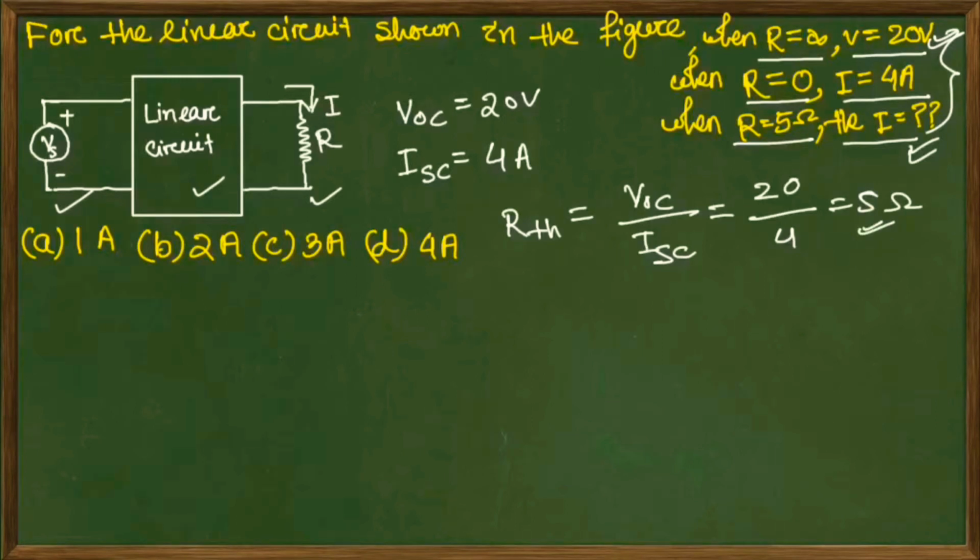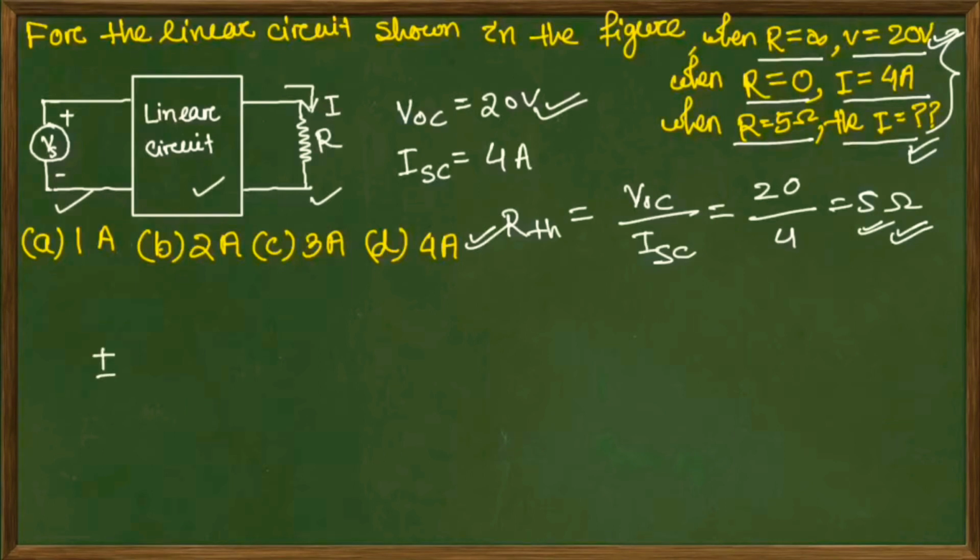Now in order to redraw this circuit into the Thevenin's equivalent form, we have to determine what is VThevenin, or the open circuit voltage. Here the open circuit voltage is given to be 20 volt and we got RTH to be 5 ohm. So now let's redraw the circuit.